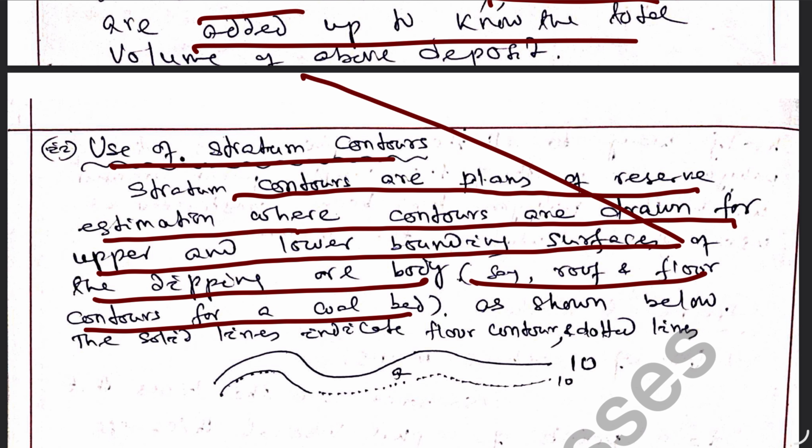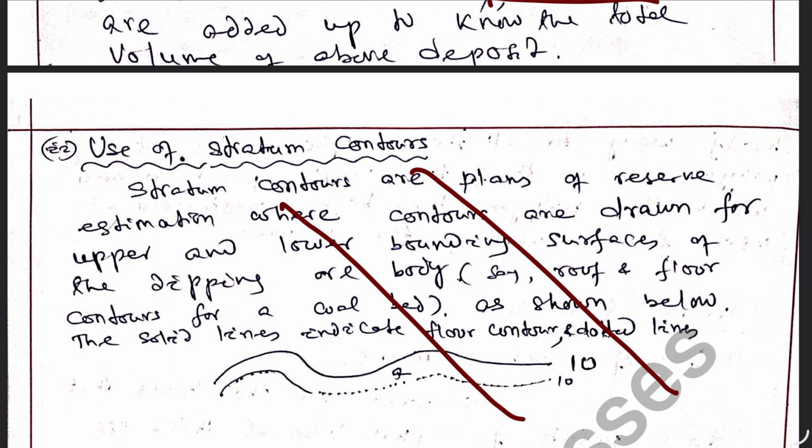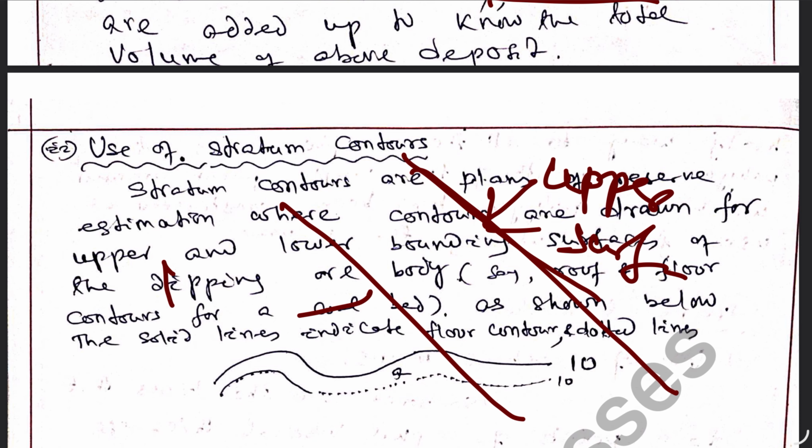Let us say it is a dipping coal bed, a dipping coal body. So this is the upper surface, this is the bottom surface. Contours are drawn for the upper surface and the lower surface.